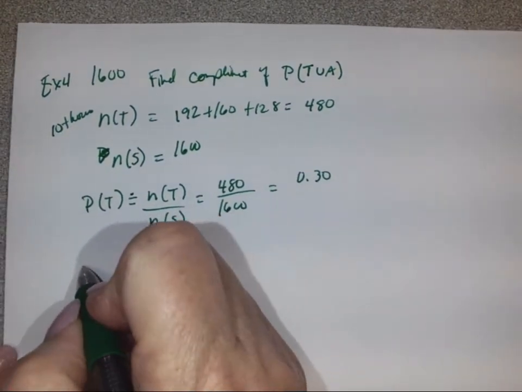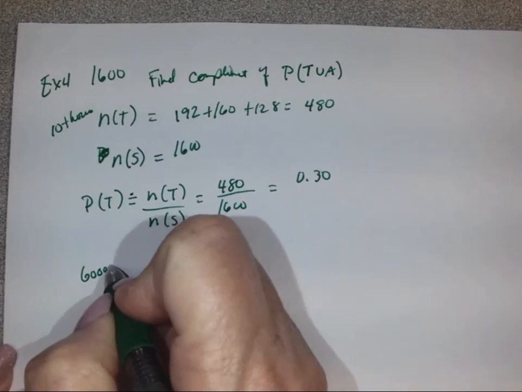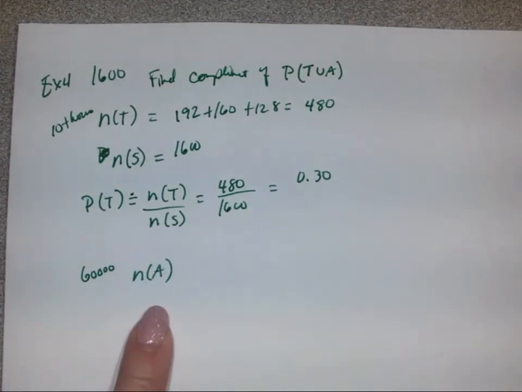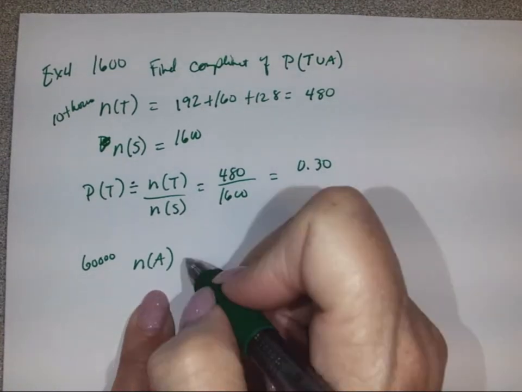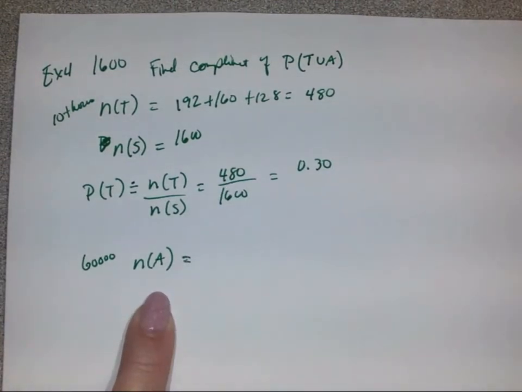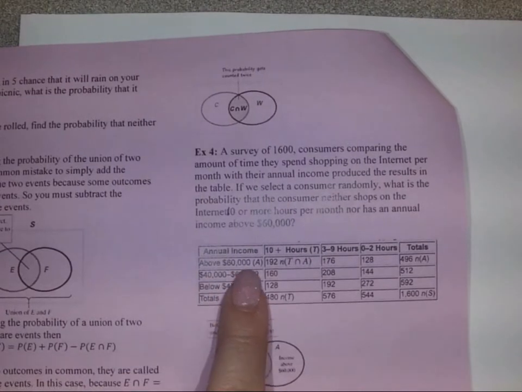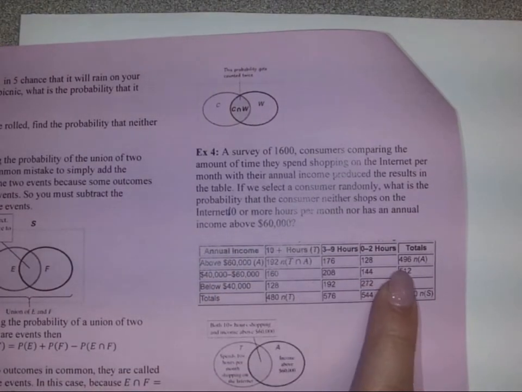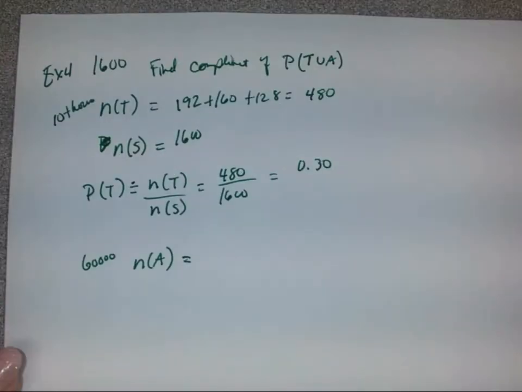Now if we want to look at the 60,000 income, we're going to call that the N of A for the annual income. If we look over here at 60,000, it's 192, 176, 128. It totals to 496.